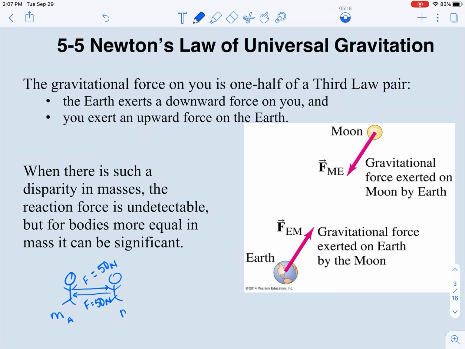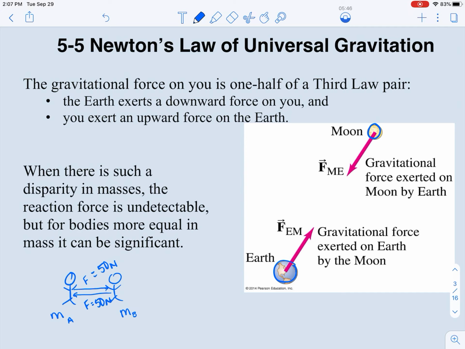What is the mass of object B or object 2? The amount of mass for these two objects is going to influence the strength of the force, which then creates the ability for it to cause a change in motion in other objects. So when we think about the mass of the Earth and the mass of the moon, these are definitely much more massive objects.